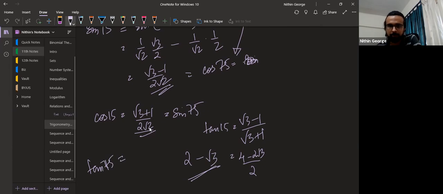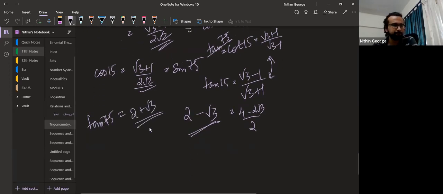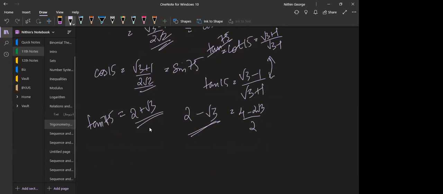So remember this. Cot 15 will be root 3 plus 1 by root 3 minus 1, which is also equal to tan 75. Rationalizing the denominator, you get 2 plus root 3. Is this okay? Any doubts here? No, sir.